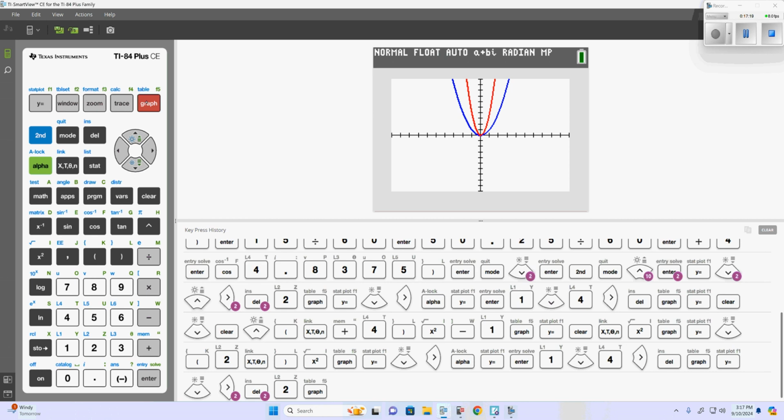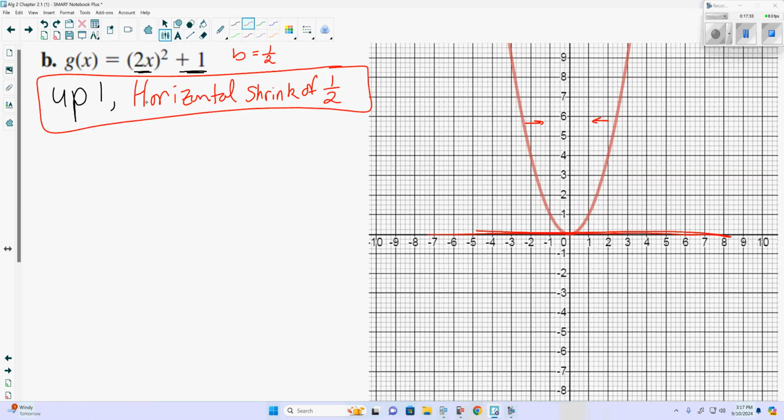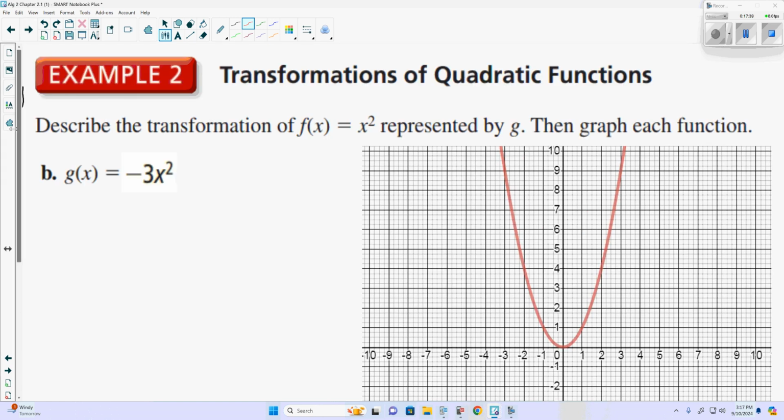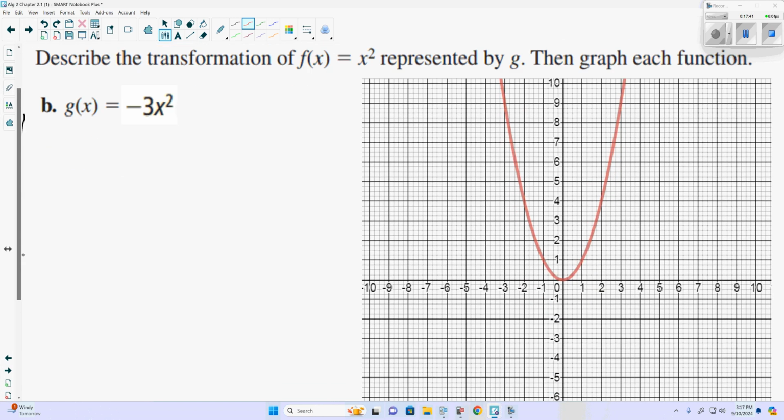The one in red is our 2x. And we can see horizontally it did shrink. So that 2x inside the parentheses squared will shrink it horizontally. Do we see how that is a shrink of 1/2? That's why we have to flip it.